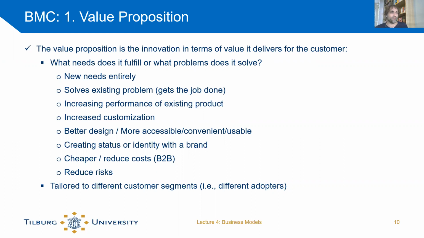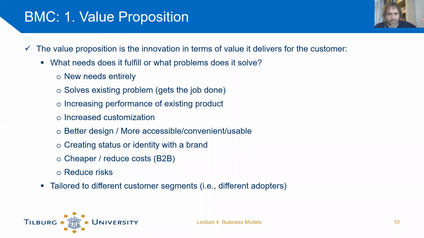You can try to create a kind of status or identity by adopting a product. You know, think Apple phones. You can create an innovation which offers the same but cheaper, especially interesting for business to business, because they are mostly about reducing costs. Or you can reduce risks with an innovation, you know, buy this insurance.